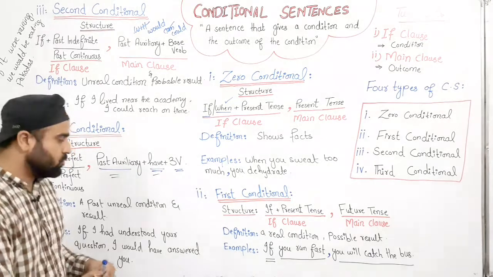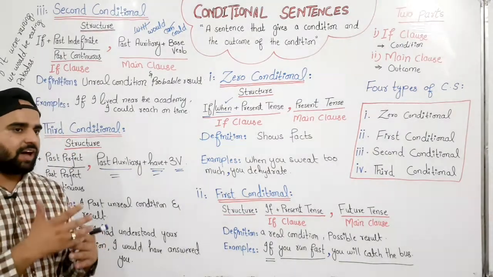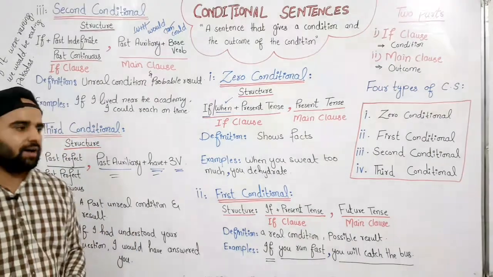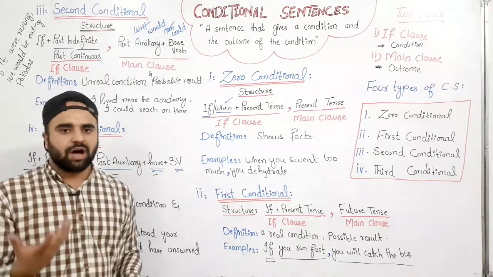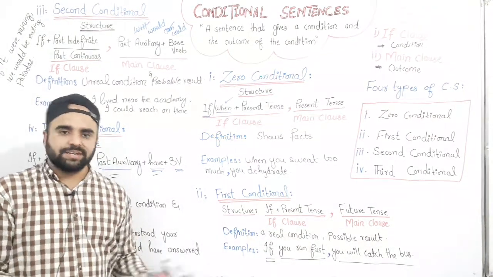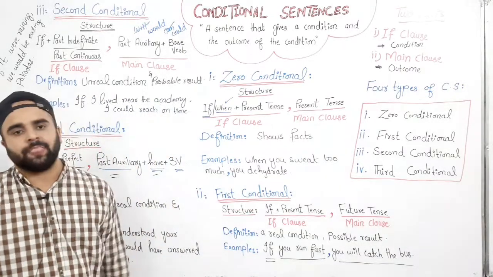The Urdu version of this sentence would be, अगर मैं आपके सवाल को समझता तो मैं आपको ज़रूर जवाब दे देता. Similarly, yesterday you asked me to give you some money, but I didn't have money, so I didn't give you money.